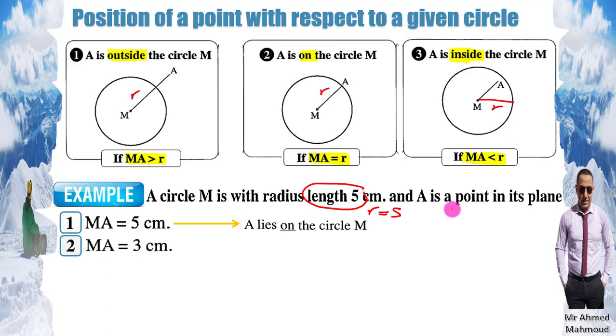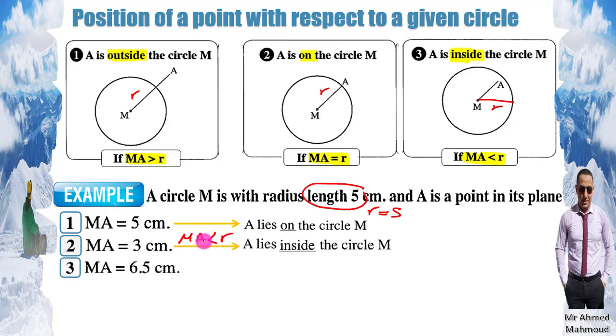If MA equals 3 centimeters, MA is smaller than r, so A lies inside the circle M. If MA equals 6.5, 6.5 is greater than r, so MA is greater than r, so A lies outside the circle.